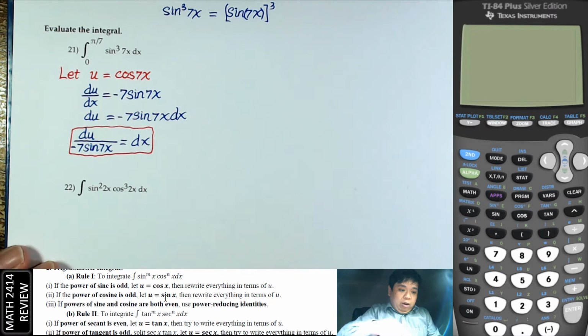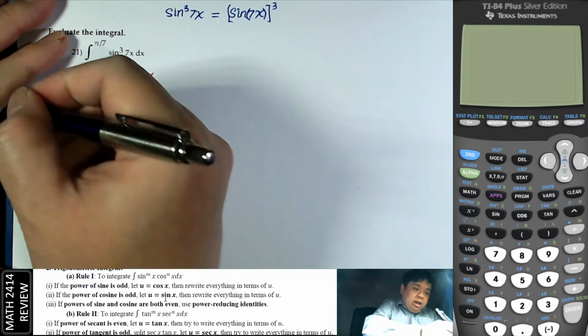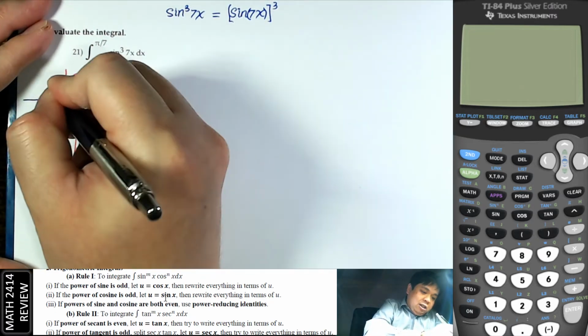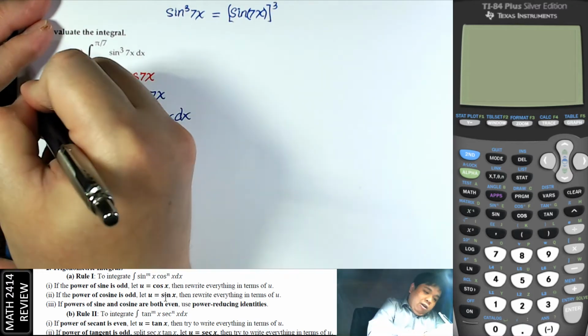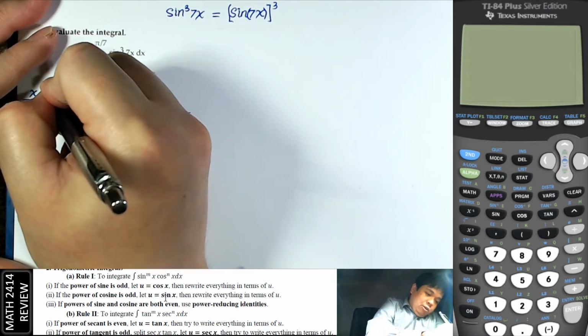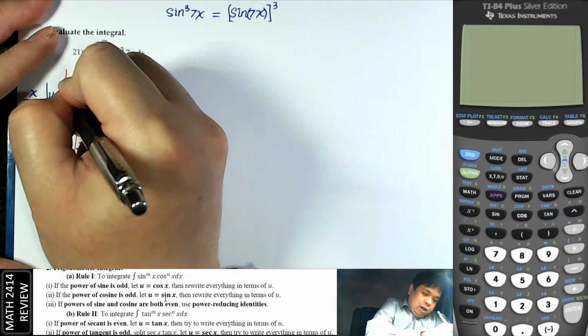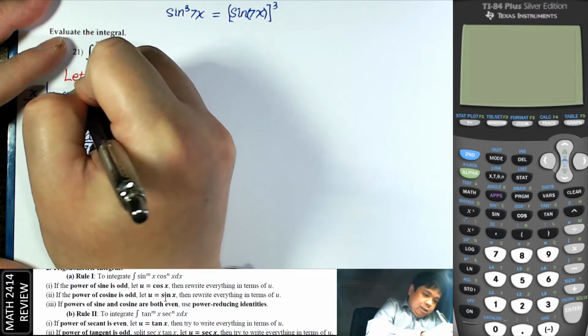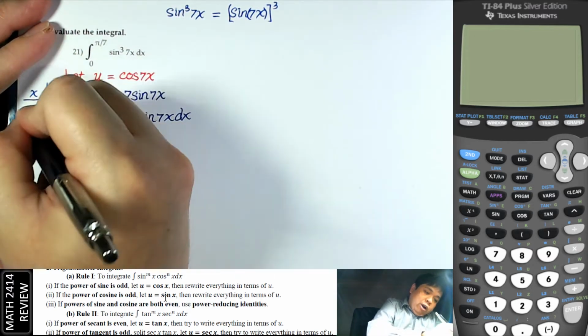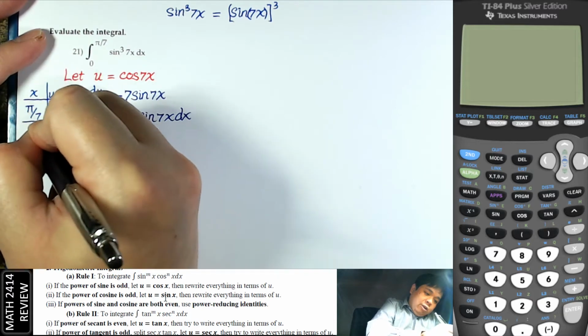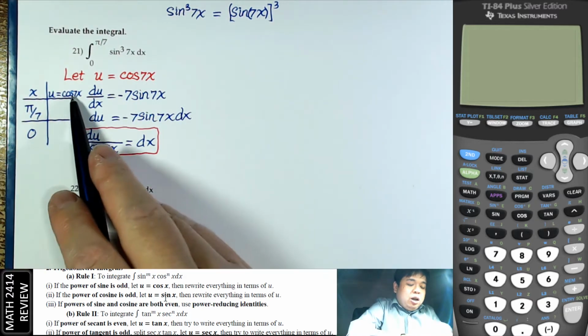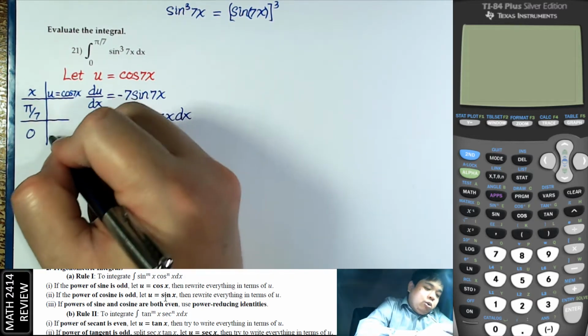I don't have space here, so I'm just going to draw a table like this instead. We have x, and then u is equal to cosine 7x. When x is equal to 0, cosine of 0 is equal to 1.